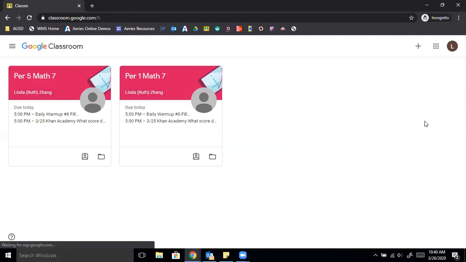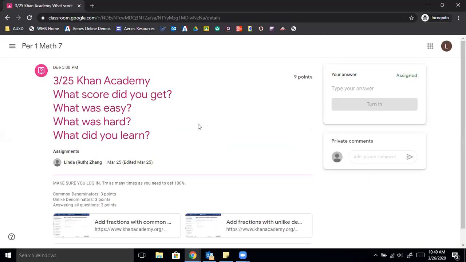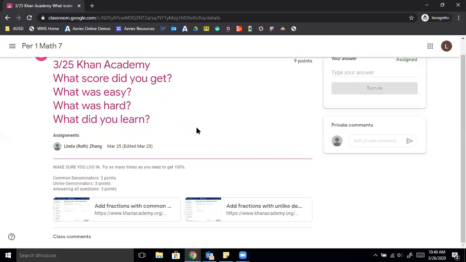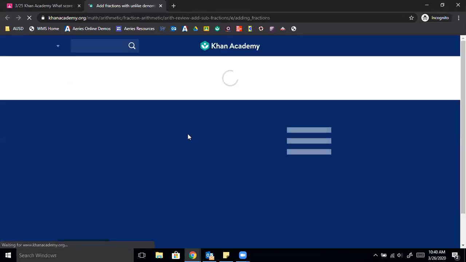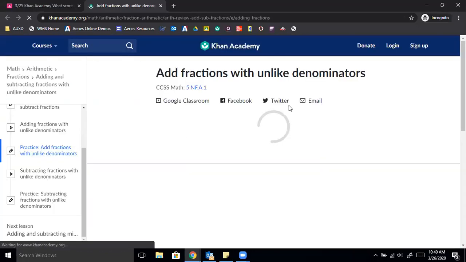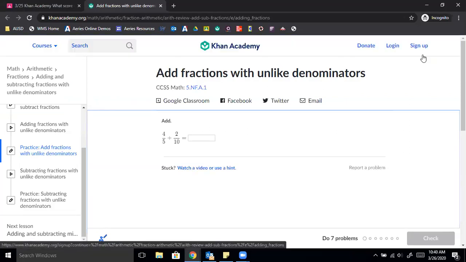And I do not want that. That is why I am reminding you to sign in. So if you go here and you click on one of the Khan Academy assignments, you see here that it will not automatically log you in. So you have to make sure that you've logged in.